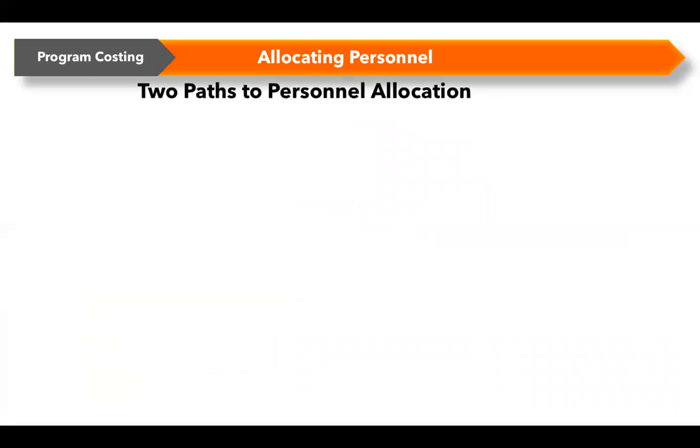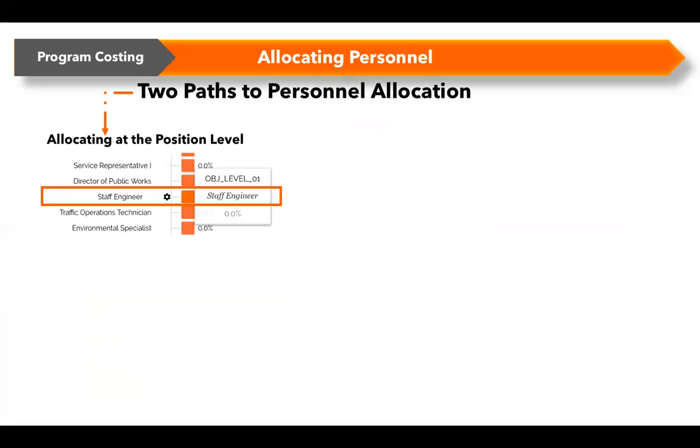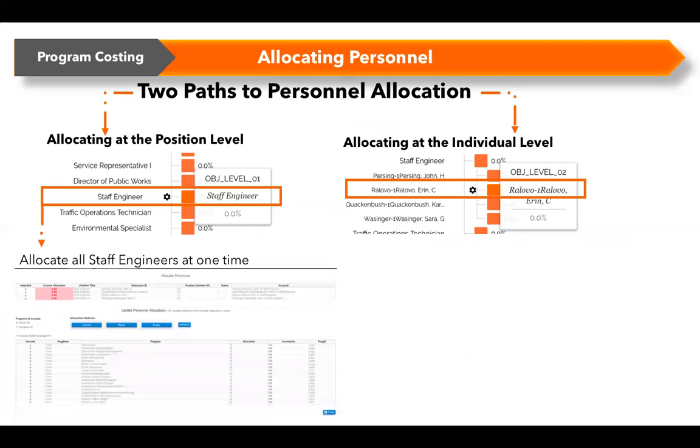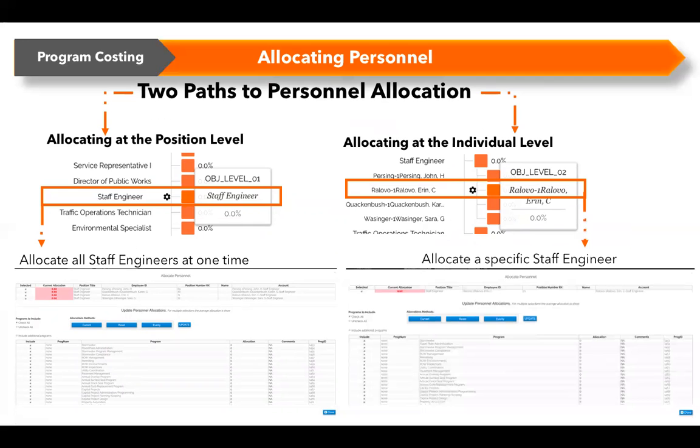So 2 paths to allocation: allocating at the position level and allocating at the individual level. From here, it's going to look the same, just the amount of information that you have in the top of the table will be different. If we are allocating at the position level, you may have multiple positions that you can allocate all at once versus allocating to one specific person.